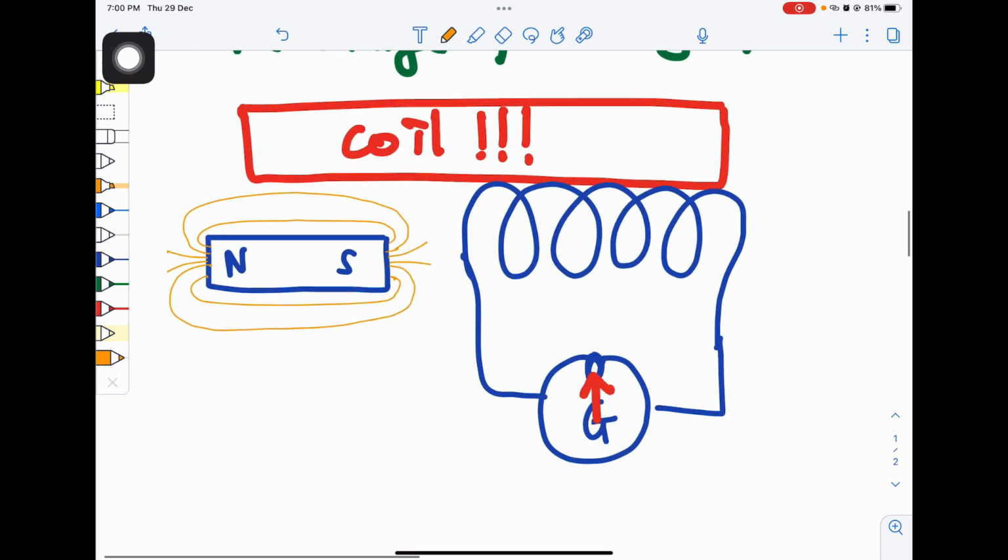Direction north to south, north to south, north to south.